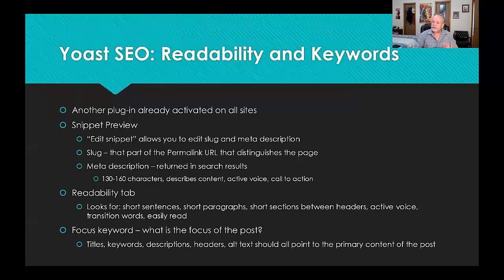And then finally is the focus keyword. What is the focus of the post? Your titles, your keywords, your descriptions, your headers, your alt text, all the stuff we've been talking about today needs to sort of align together and focus on that focus keyword. There's one more part to Yoast that we'll get to in a bit. Right now, let's just look at it.